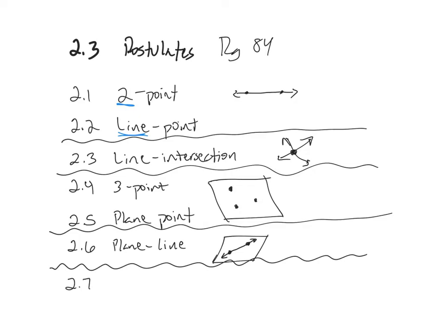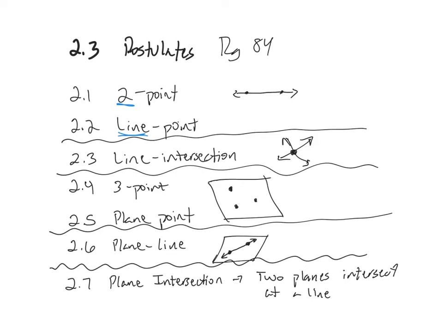Remember that postulates are usually much more straightforward, but plane intersection postulate, this is the hard one to draw. I'm not even going to try because it's going to get messy, but it says 2 planes intersect at a line.